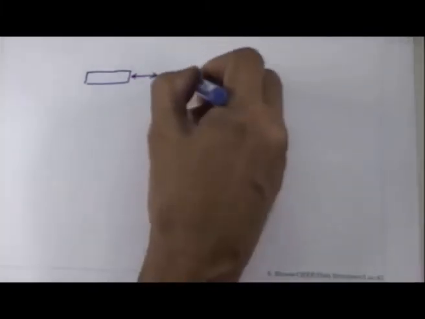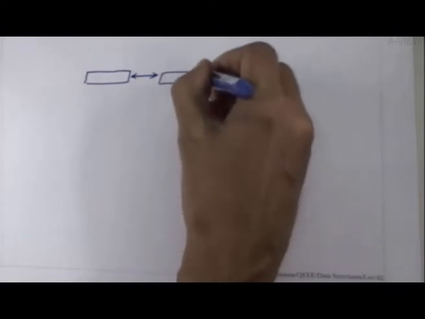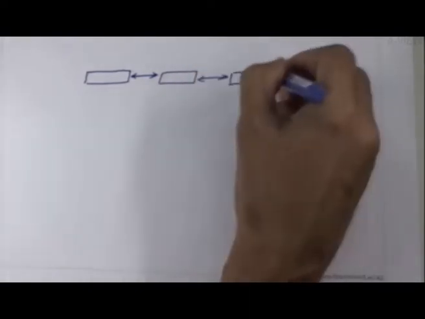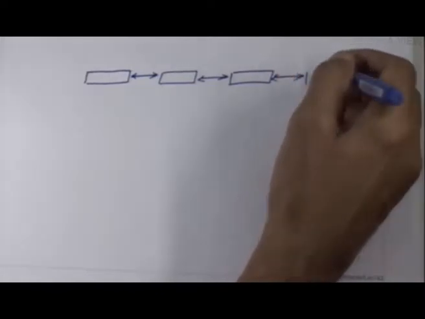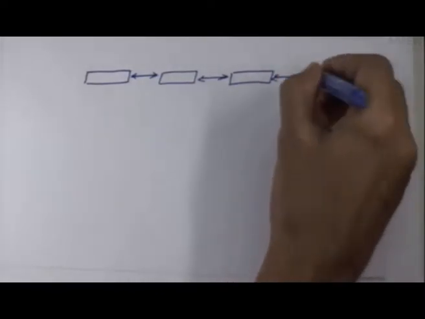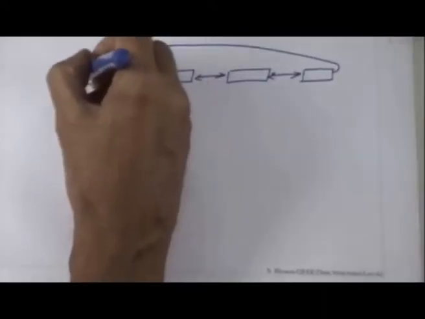Okay. So to shorten my discussion, I will use this notation to create a doubly linked list. And he also wants it to be circular. So basically this element connection goes here.